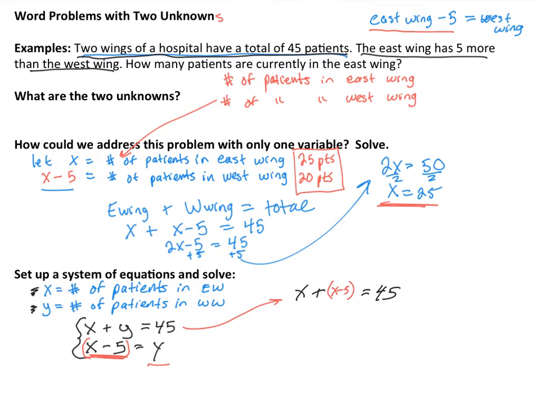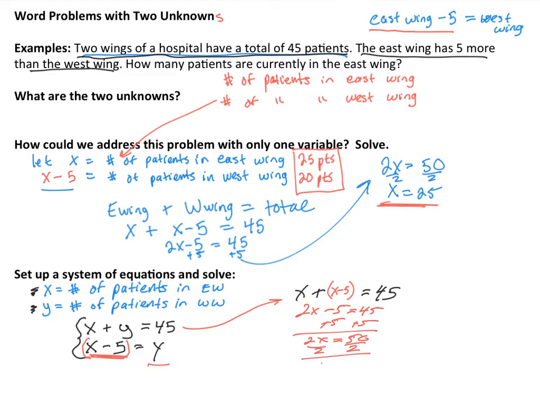This is called the substitution method. I know what y is equal to. Y is equal to this quantity. I can pick the y up, put x minus 5 in its place, and look what we have. When we combine like terms and solve for x, we actually have the same equation that we ended up having up above.